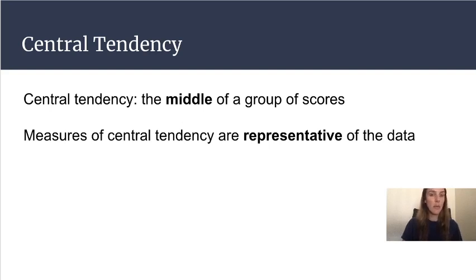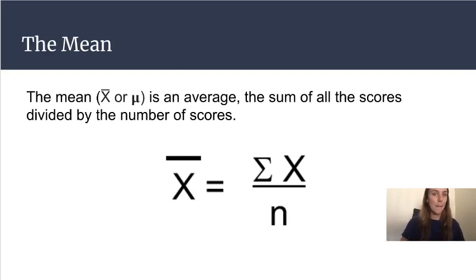So let's go ahead and start with the mean first. The mean is perhaps the most used measure of central tendency. And we also have here our first official formula for this class anyway. So we have the mean. We have 2 symbols here for the mean.